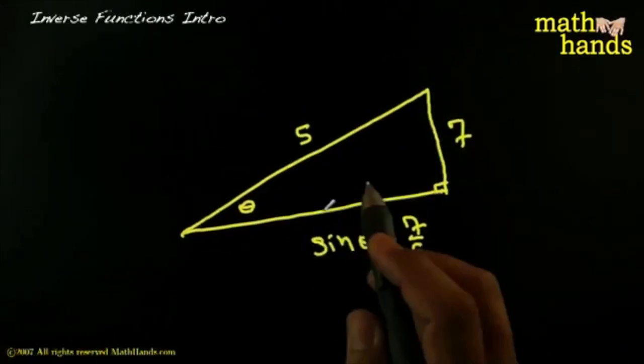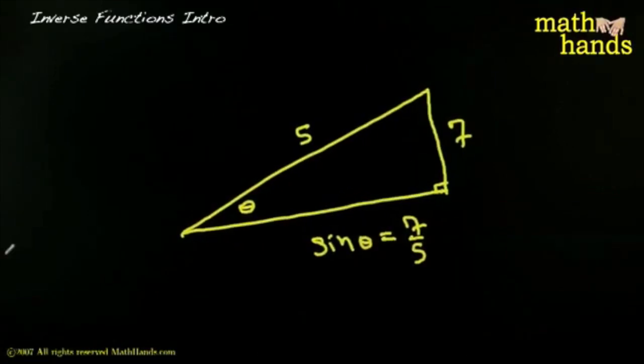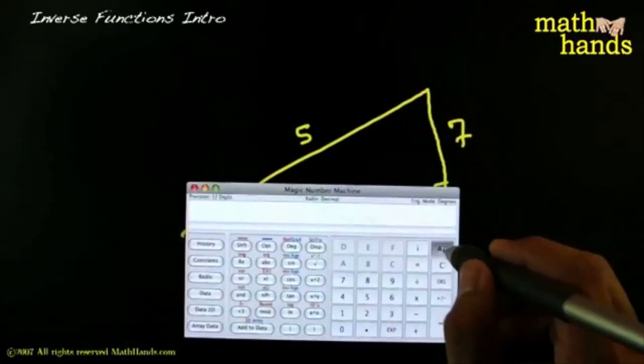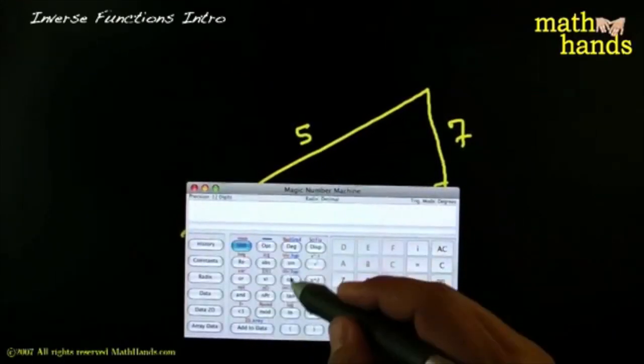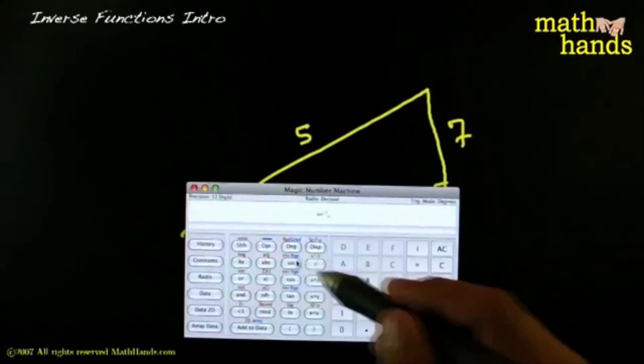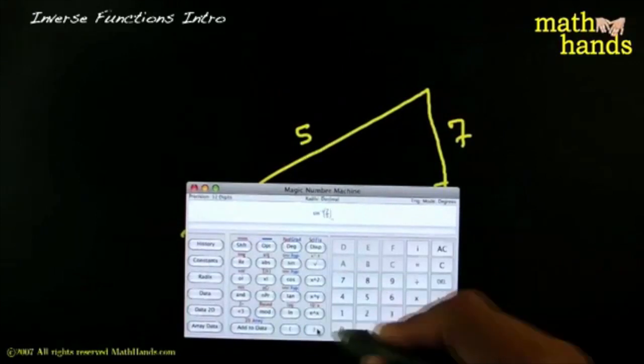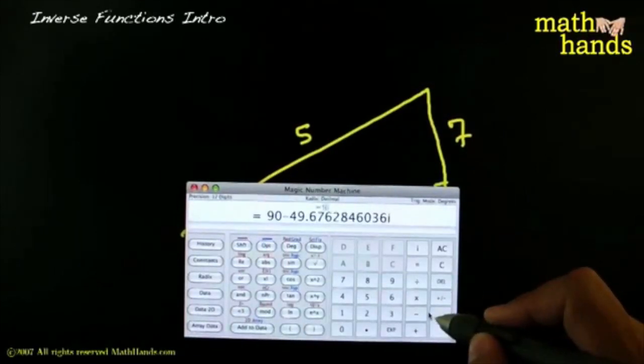Then I try my little sine function, my magic number machine here. Clear everything. Shift sine, open parentheses, 7 divided by 5 is equal to what?